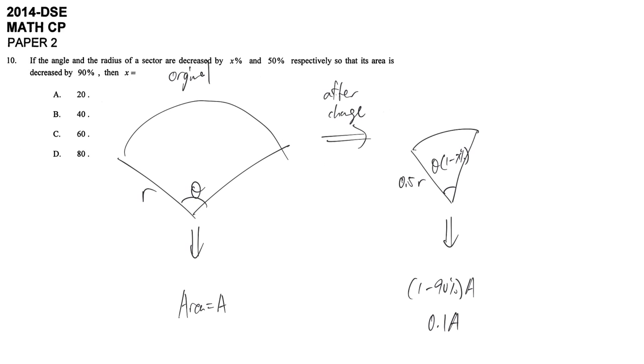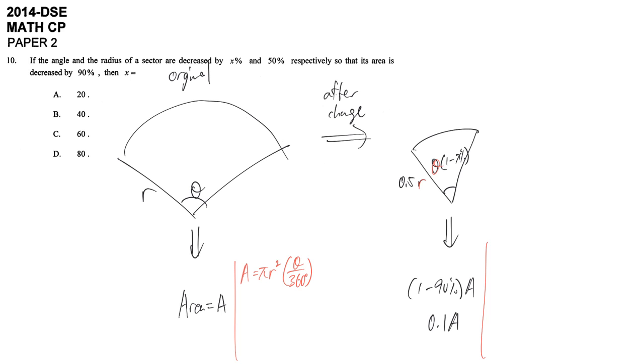Here we are going to use r and theta to express A, otherwise it's difficult to find out. A is pi r squared times theta divided by 360. And then we try to use r and theta to represent the new area.